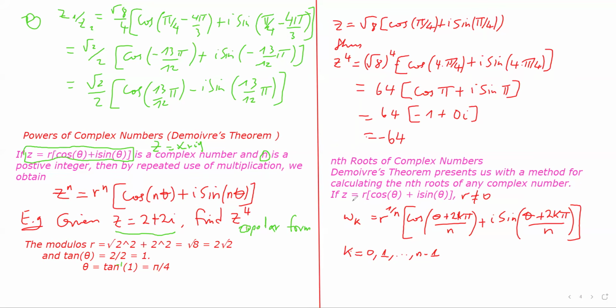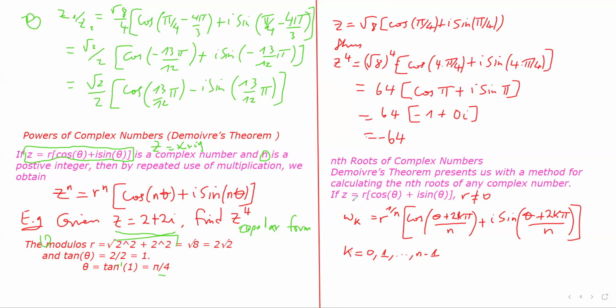To convert into a polar form, you need the modulus, which is the square root of 2 squared plus 2 squared, which is square root of 8, which is 2 square root of 2. And then you need the angle, which is tan inverse of 1, which is pi over 4.